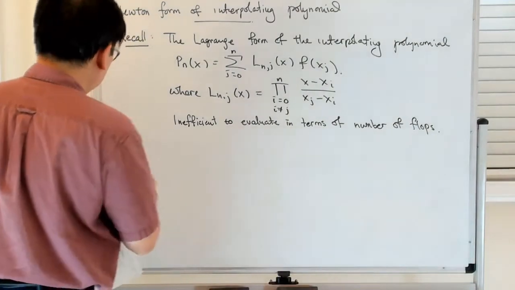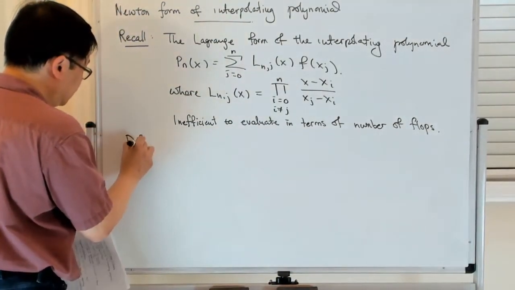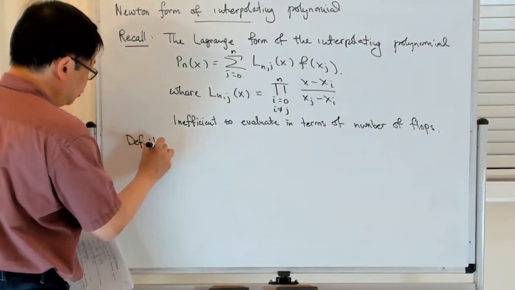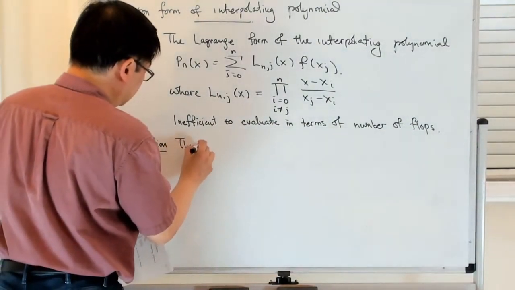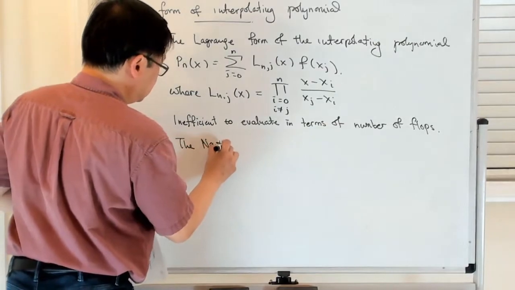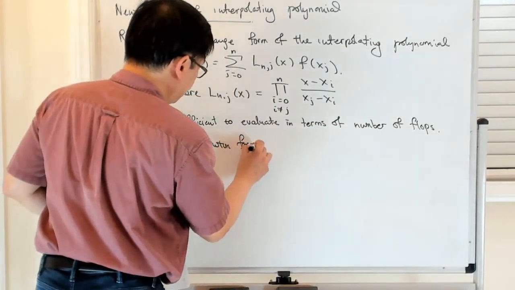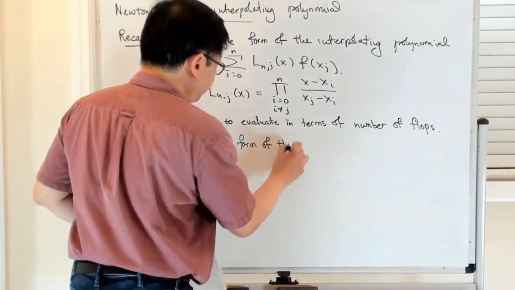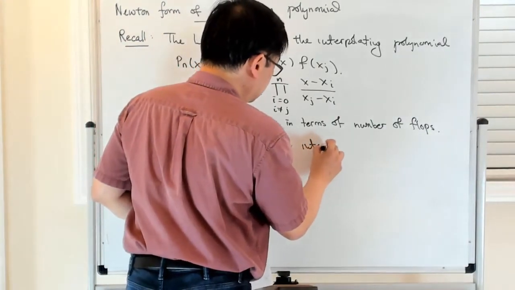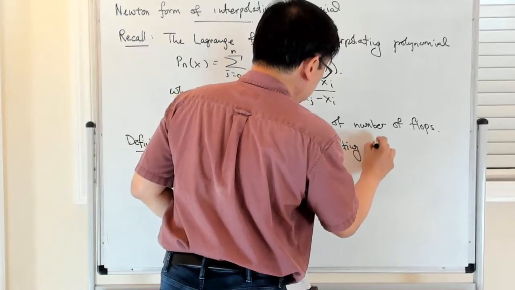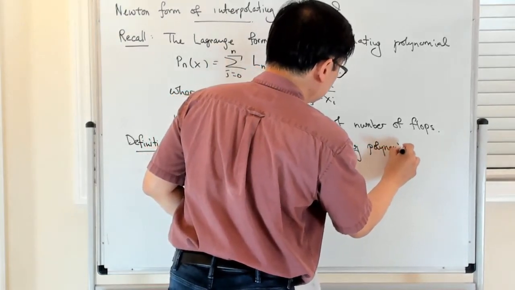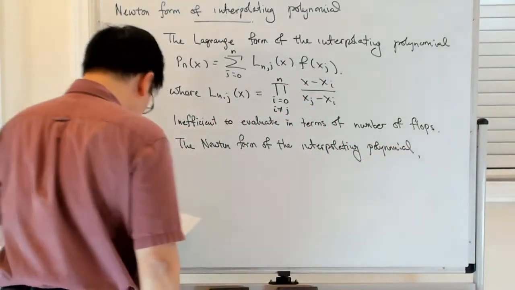So let me give you the definition of this Newton form. The Newton form of the interpolating polynomial looks like the following.